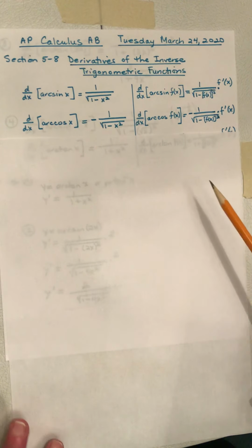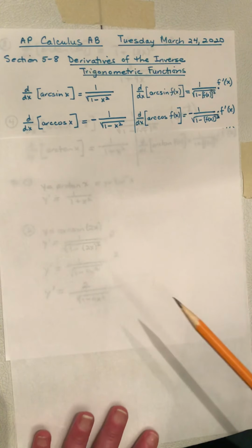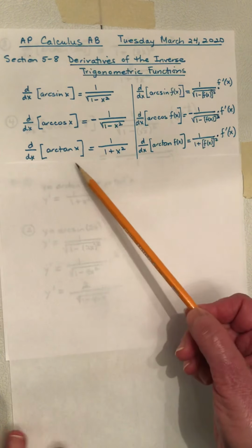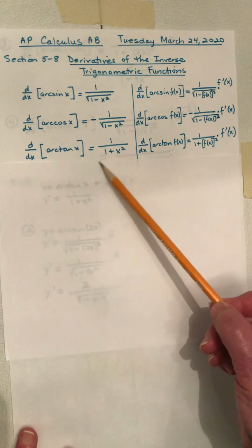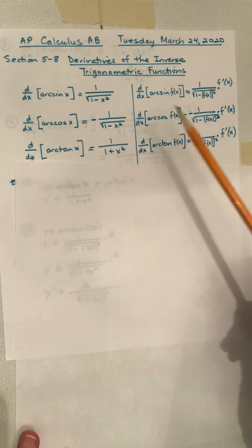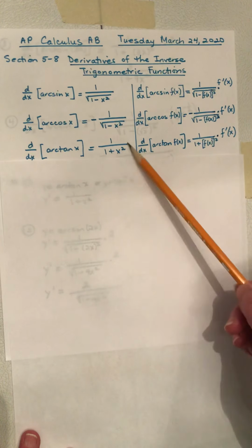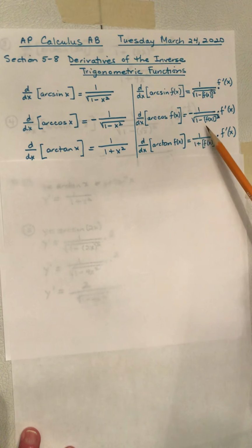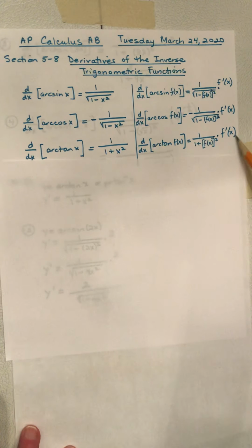Okay, and then the last one we're going to look at is the derivative of the arc tangent, which is 1 over 1 plus x squared. So what if we're looking at the derivative of the arc tangent of f of x? That's 1 over 1 plus f of x squared times f prime of x.